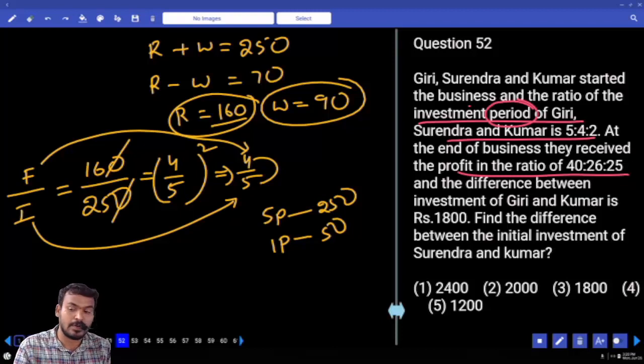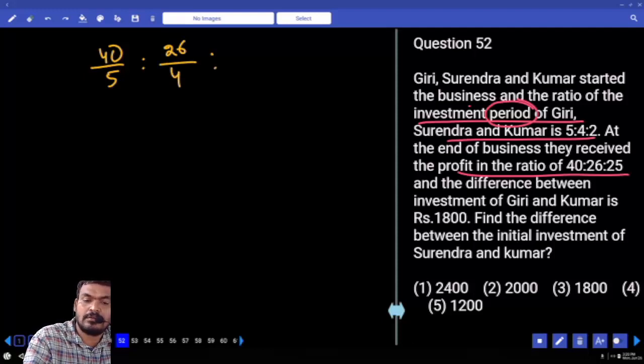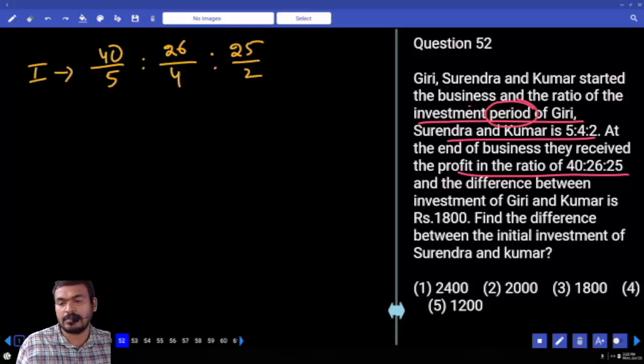Investment is nothing but profit by time. Okay. What is the first one? Profit 40 parts. What is the first one? Investment 5 parts. Second one profit 26 by 4. Next third one 25 divide by 2. All these are equal to investment ratio or profit ratio.